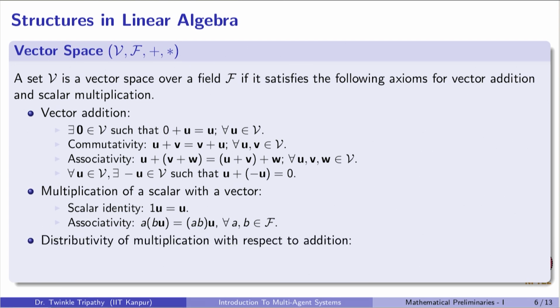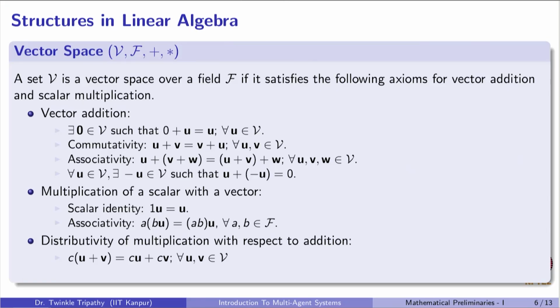The third property is the distributivity property, about the distributivity of multiplication with respect to the addition operation, which means that if I multiply a scalar with the addition of two vectors, then it should be the same as multiplying the scalar first with both of the vectors and then adding them up together.